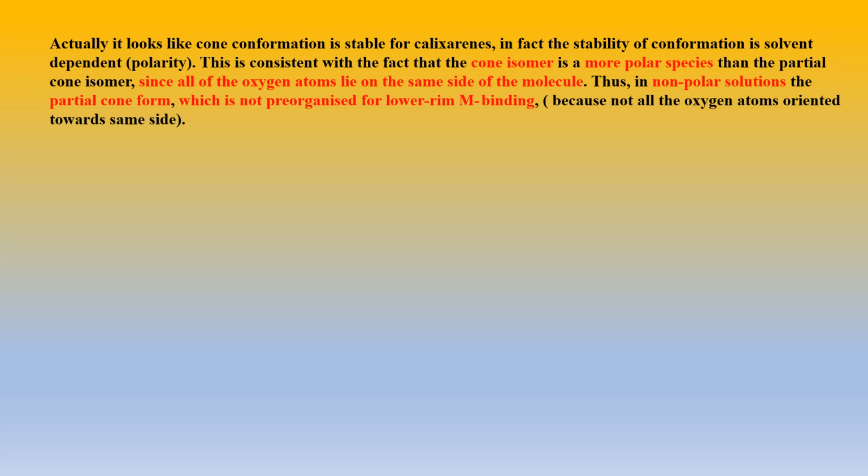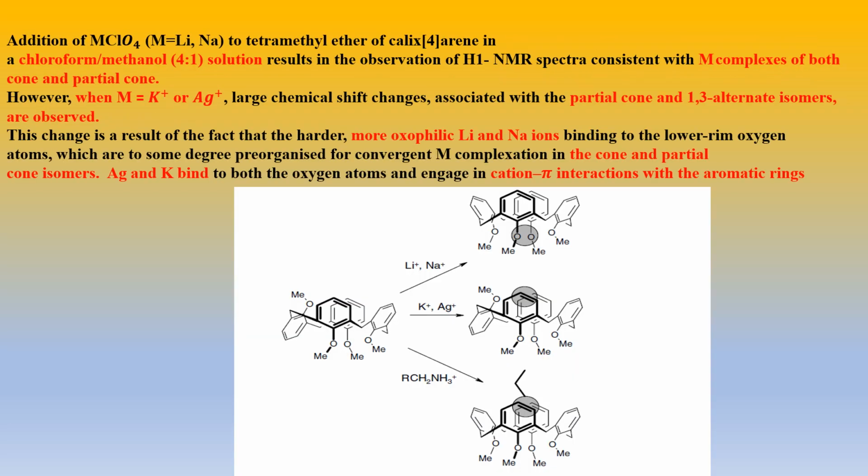So next, here you can see what happens when you add a metal salt like lithium perchlorate or sodium perchlorate to the tetramethyl calix[4]arene in a chloroform-methanol system. The lithium and sodium ions act as the guest and are bound by the calixarene, and the calixarene is found to consist of two conformers, cone and partial cone, both present in this structure.